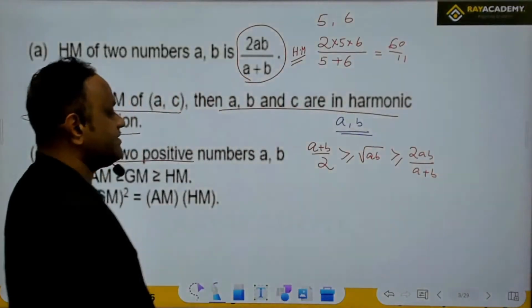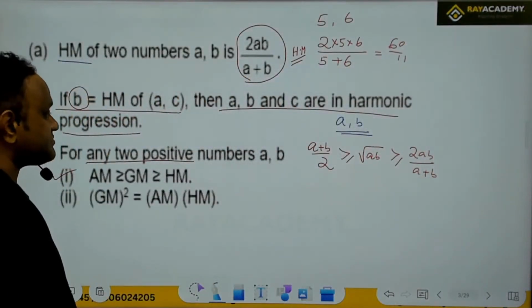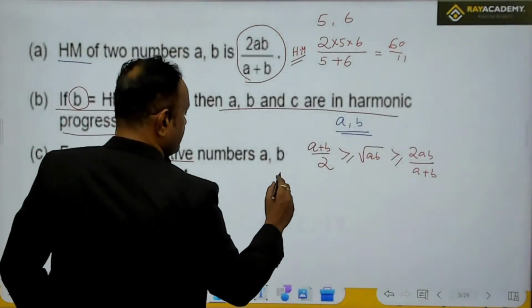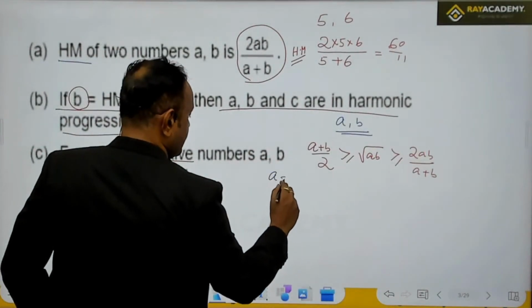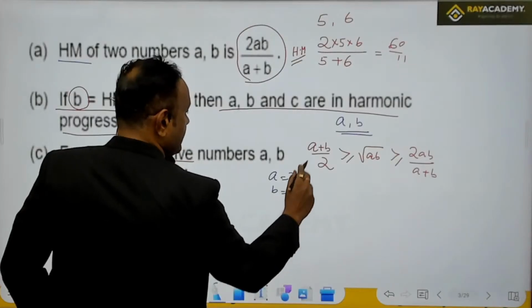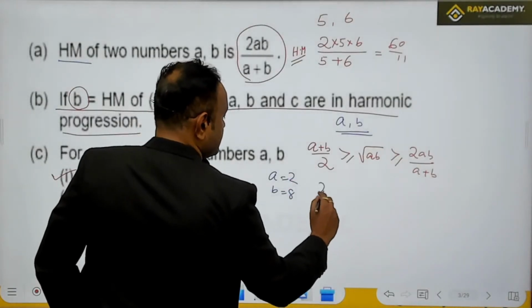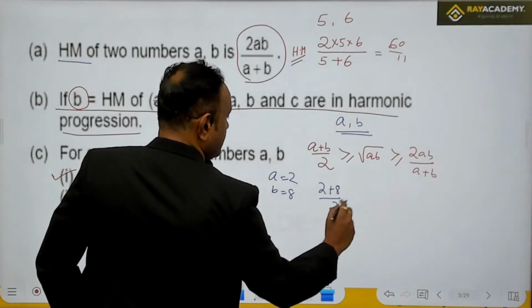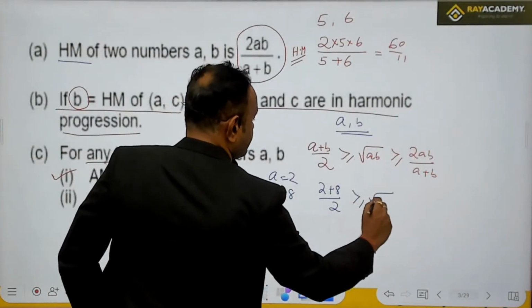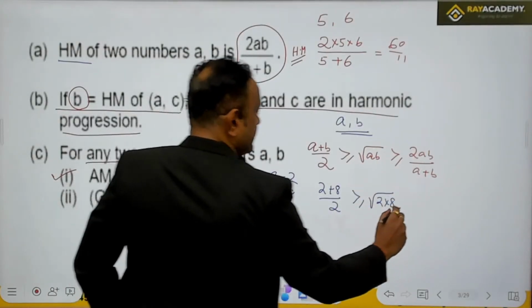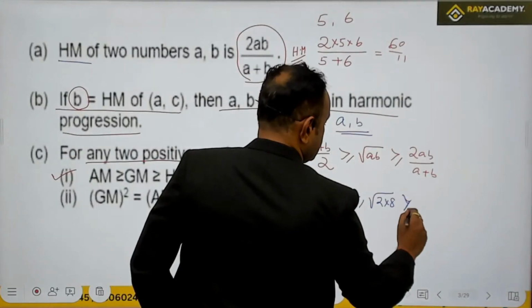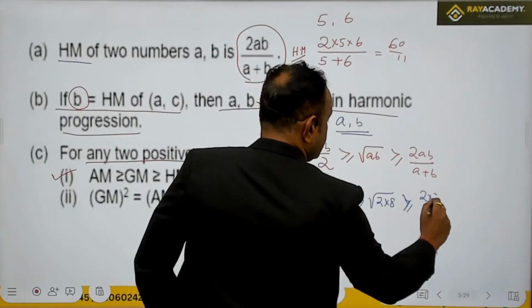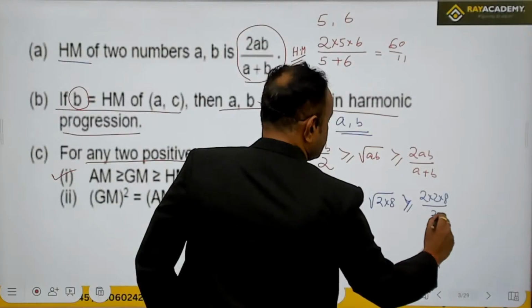Let's check ourselves whether this is true. Let's say I take two numbers, A equal to 2, B equal to 8. Then 2 plus 8 by 2 is greater than or equal to square root of 2 into 8, which is greater than or equal to 2 into 8 divided by 2 plus 8.